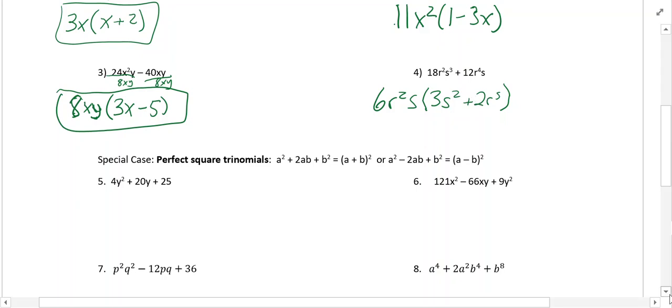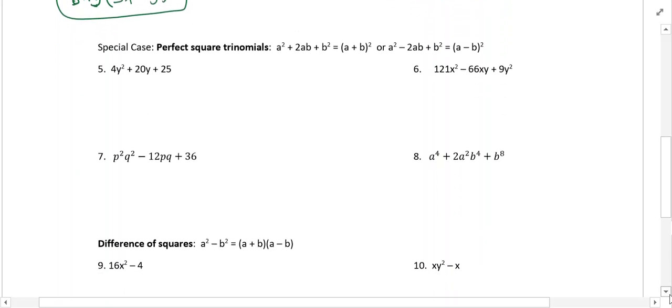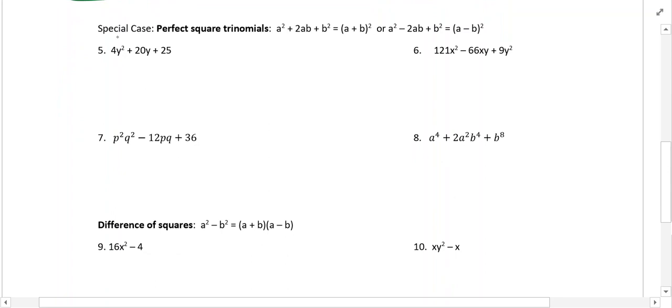Now we need to take a look at our special cases. This special case is a perfect square trinomial, or trinomials, because there are 2 of them right here. This is a trinomial, and if you notice, the 2 ends here are perfect squares: a squared and b squared.